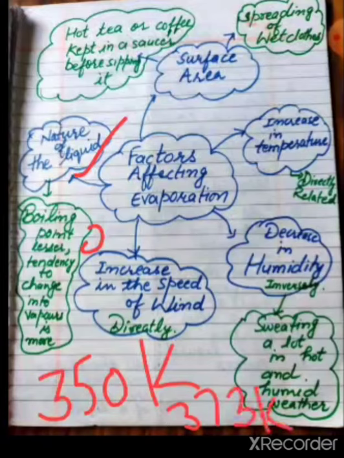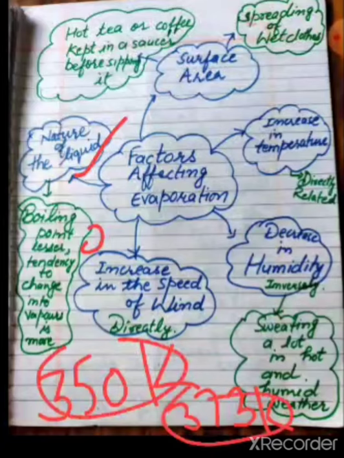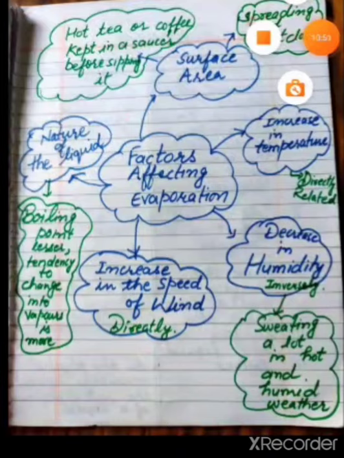This means that interparticle forces of attraction in alcohol are less than in water. Therefore, alcohol will evaporate faster than water. Lesser the boiling point of a liquid, more is its tendency to change into vapors or to evaporate.